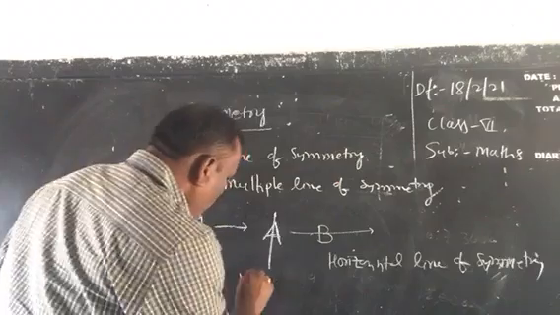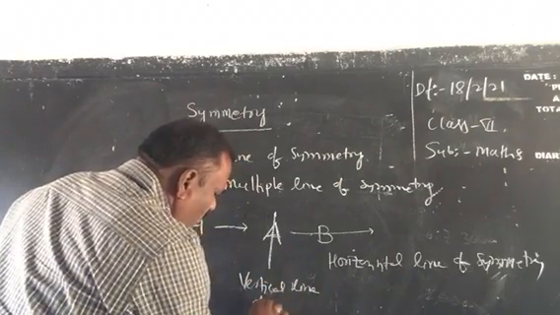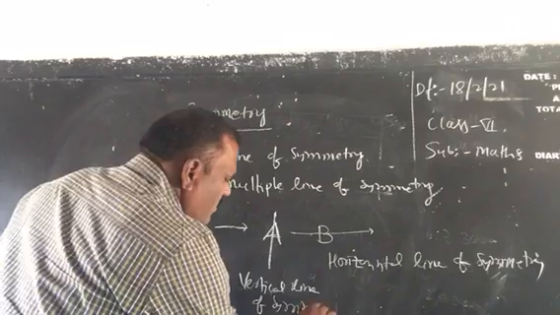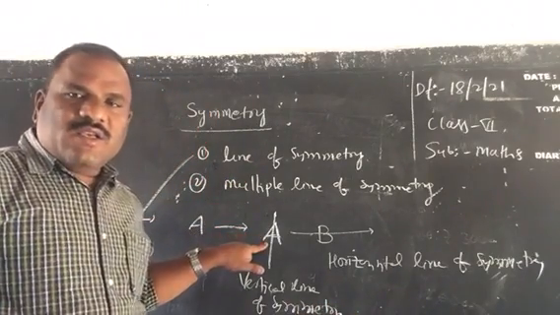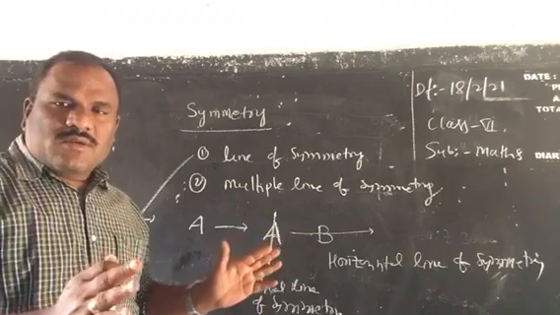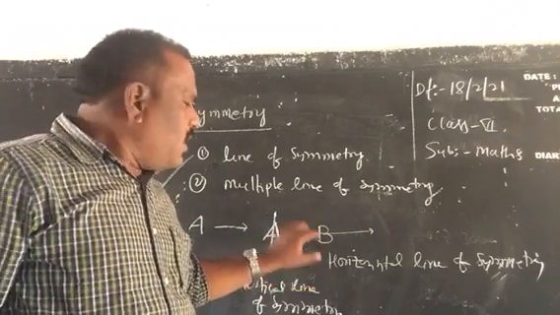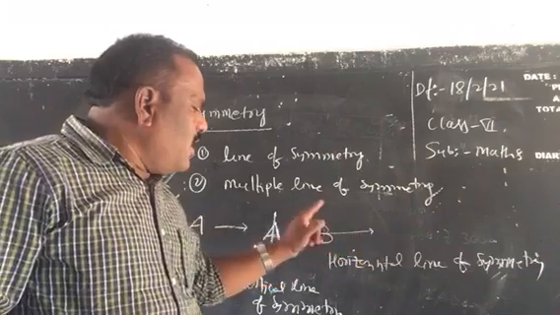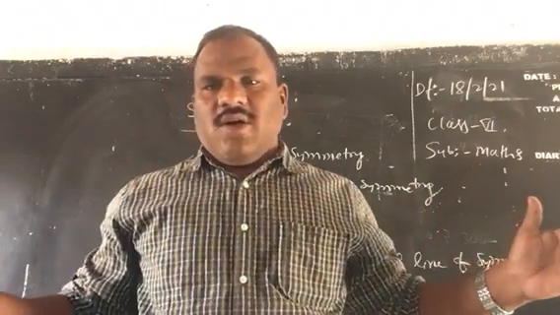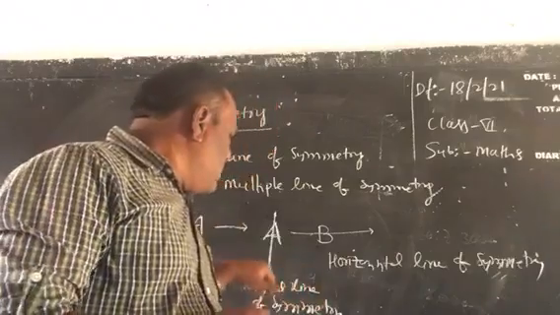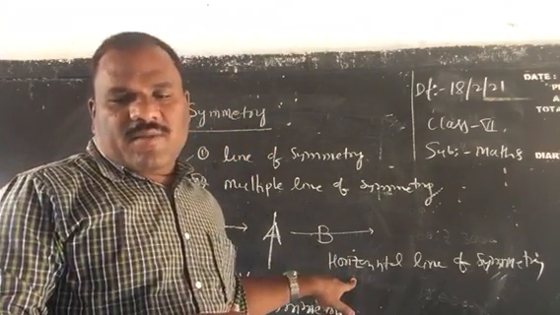When you draw a vertical line which divides A into equal parts, both parts coincide exactly. At the same time, observe B: if you draw a horizontal line, it divides B into two equal parts. This is called a horizontal line of symmetry.